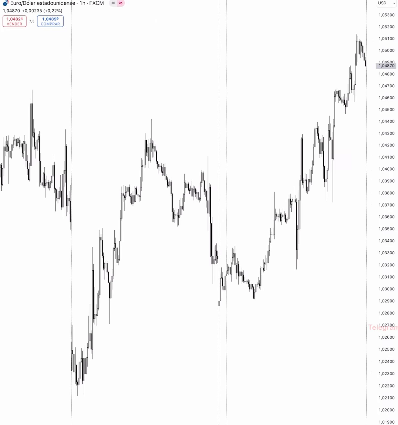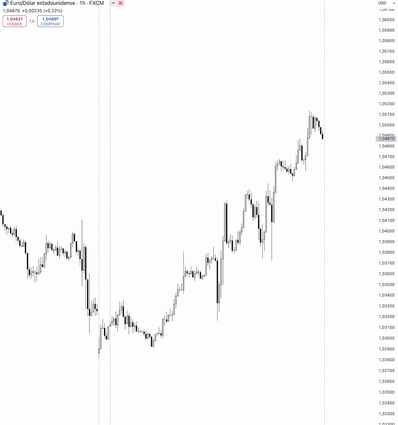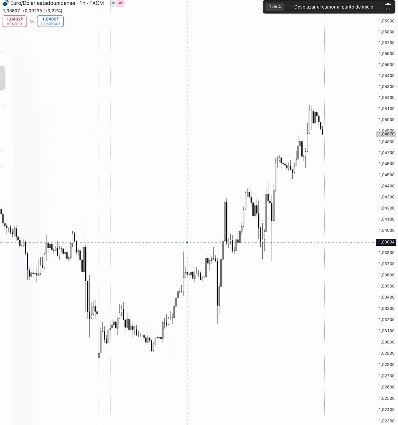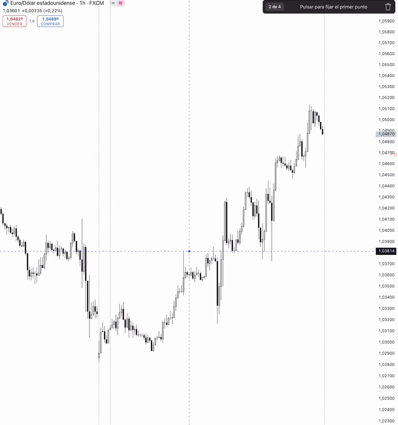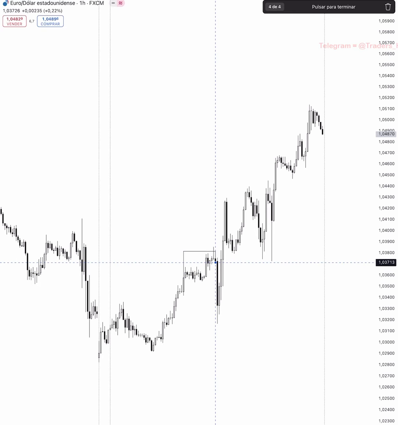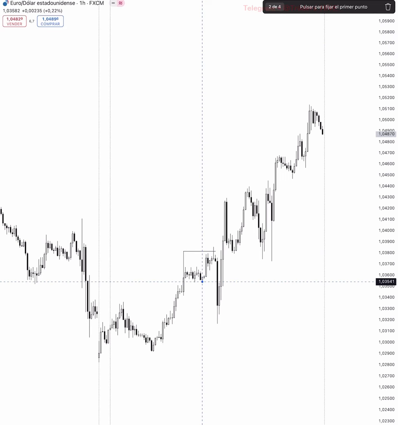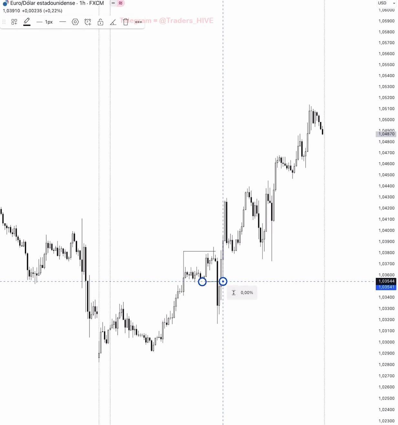So now, what we had here was a fake market structure shift. A bearish market structure shift, quote unquote.